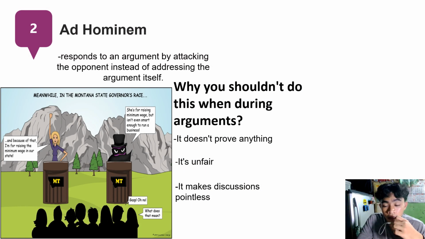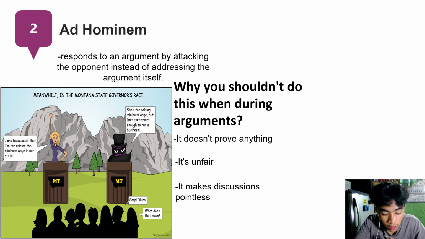So the next is ad hominem. Ad hominem is a response to an argument by attacking the opponent instead of addressing the argument itself. So, what is ad hominem? Let us define. This fallacy occurs when, instead of addressing someone's argument or position, you irrelevantly attack the person or some aspect of the person who is making the argument.